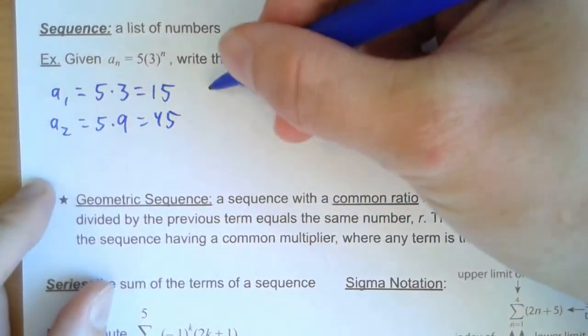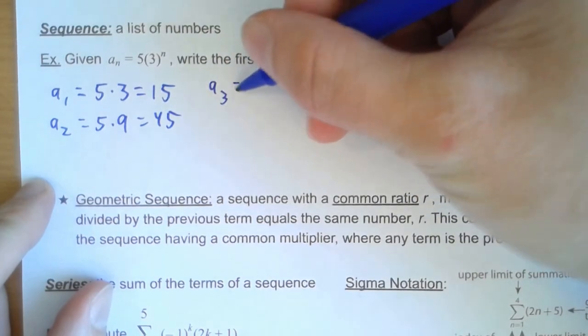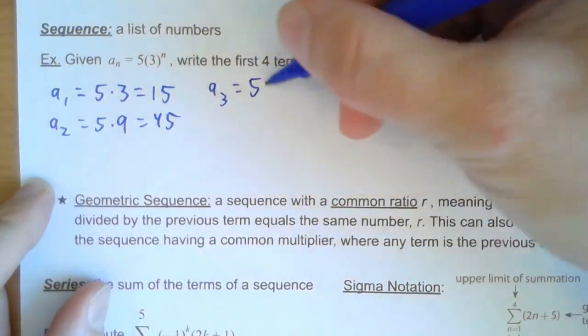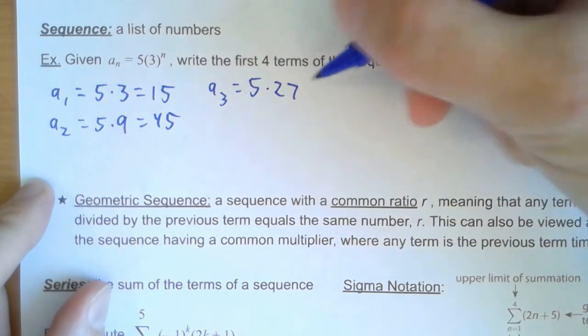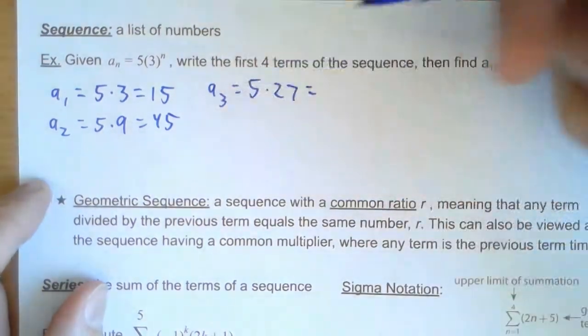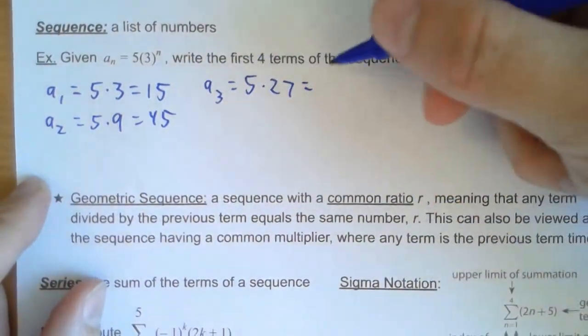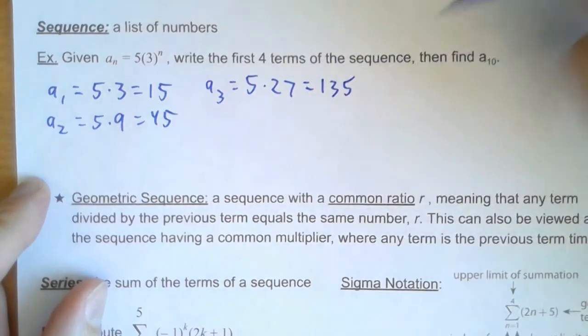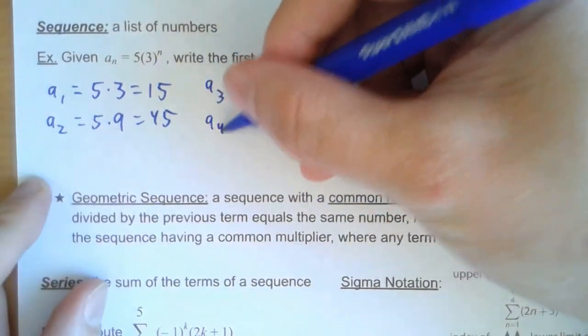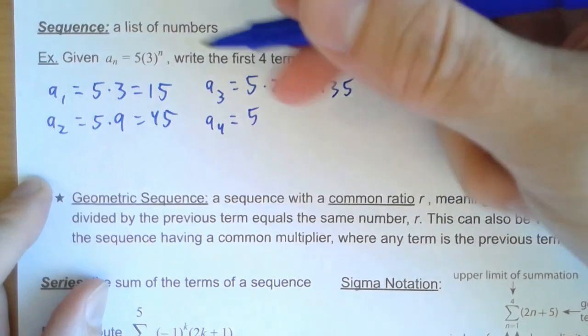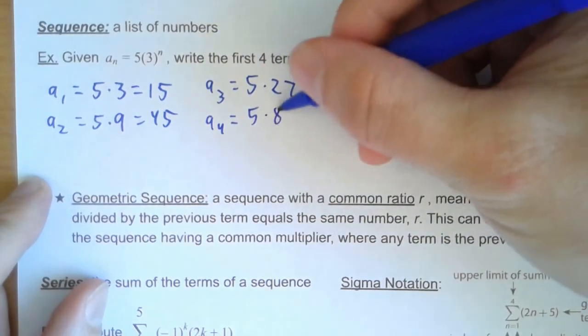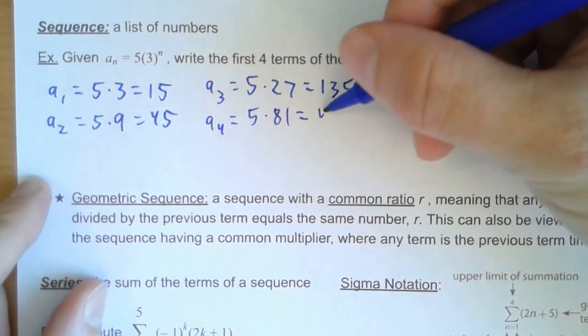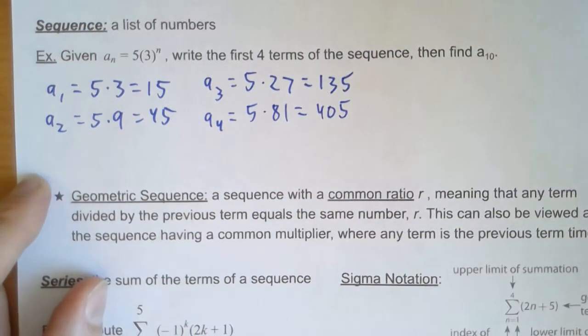And then I can keep going for the third term. I'll have 5 times 3 cubed, which is 27. You can also probably see what the pattern would be here. This one is 135. And then a sub 4, 3 to the 4th power is 81. And so we get 405.